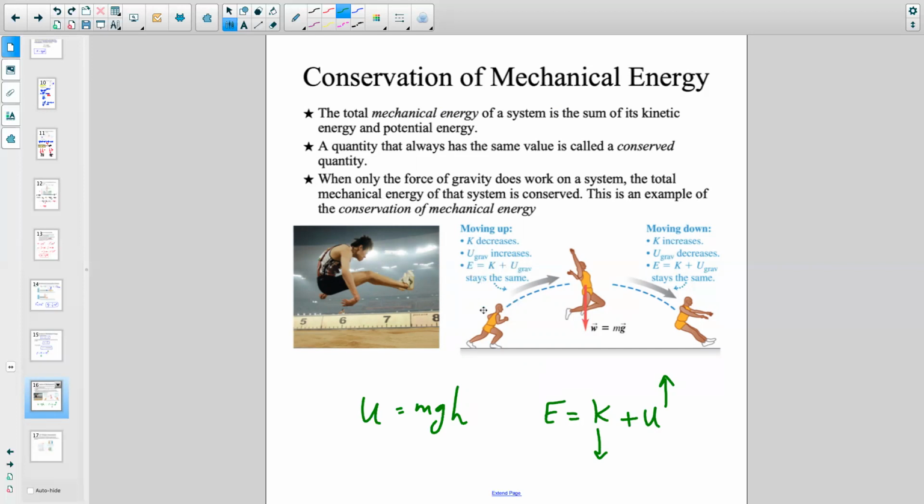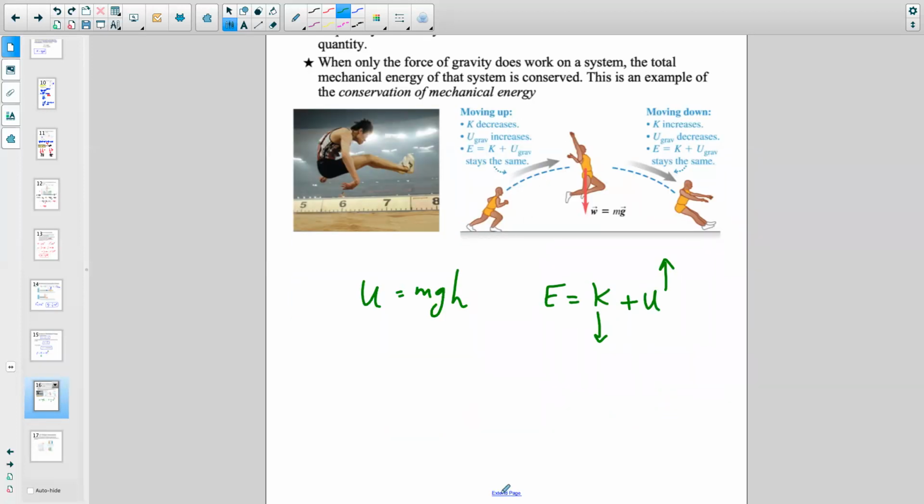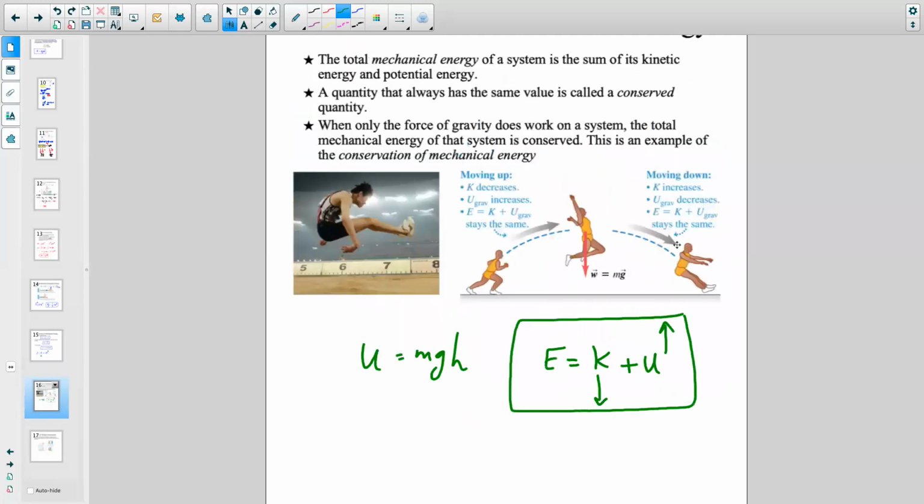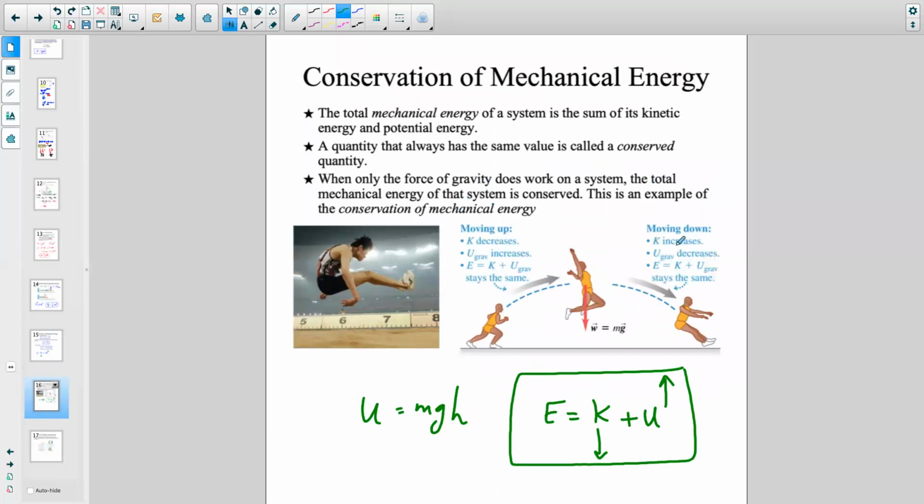Why is that? Because there is no non-conservative force in our problem. We do not have air resistance, or we think we do not, and we do not have any friction with the surface. So mechanical energy is always conserved. The total mechanical energy of a system is the sum of its kinetic energy and potential energy, as I said.